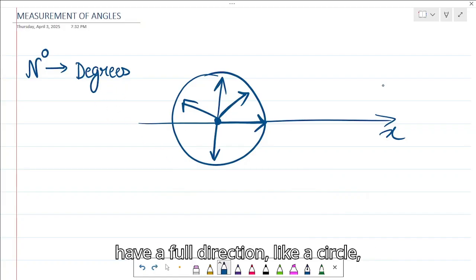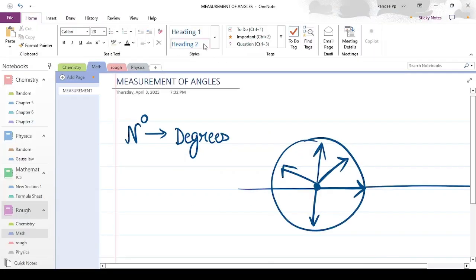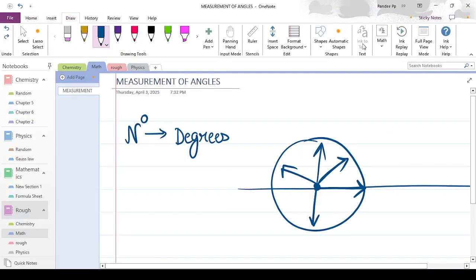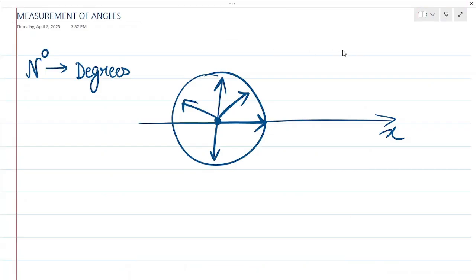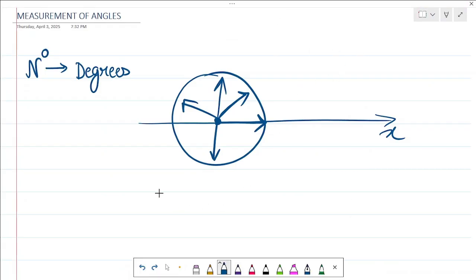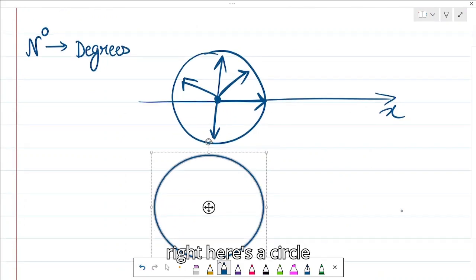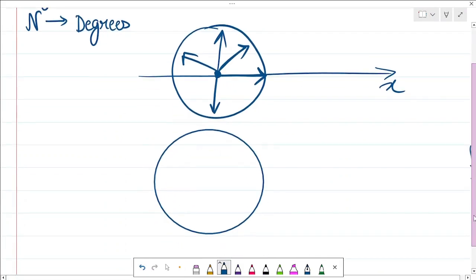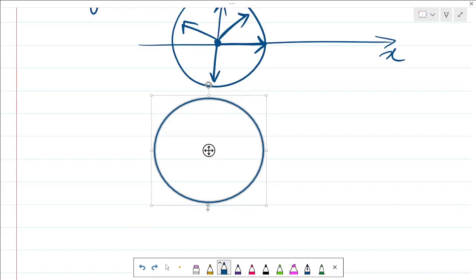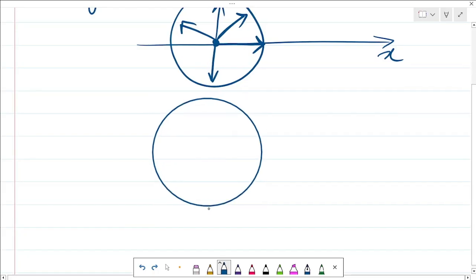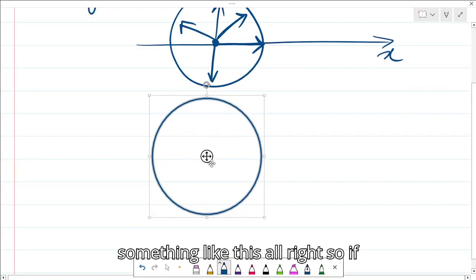So if we have a full direction, like a circle, let me get a circle here. Right, here's a circle. It's not perfect. Something like this.